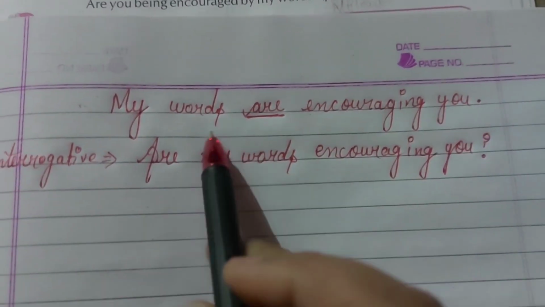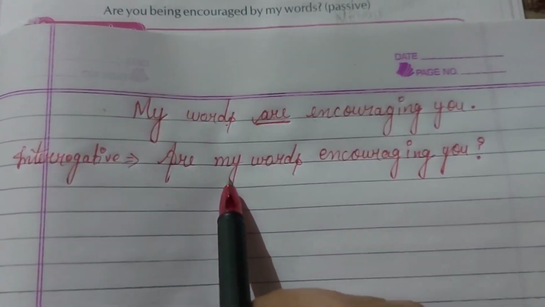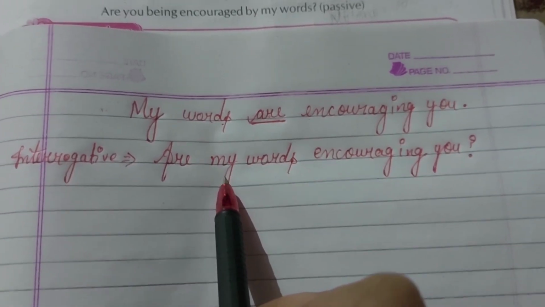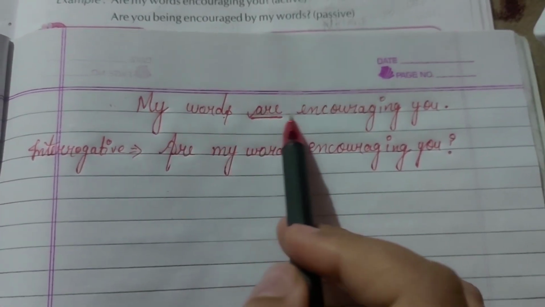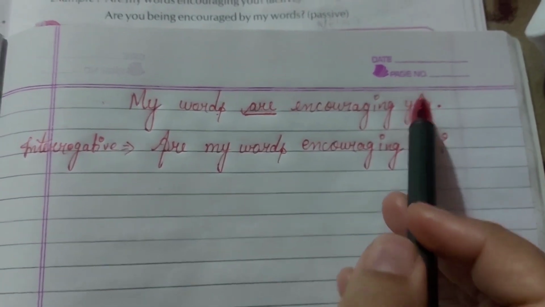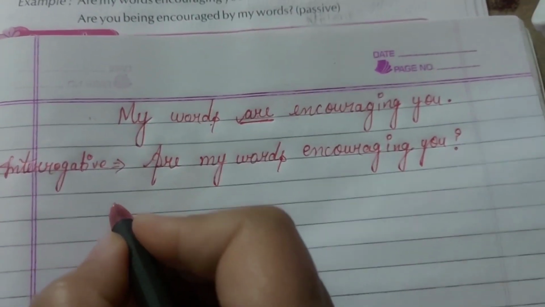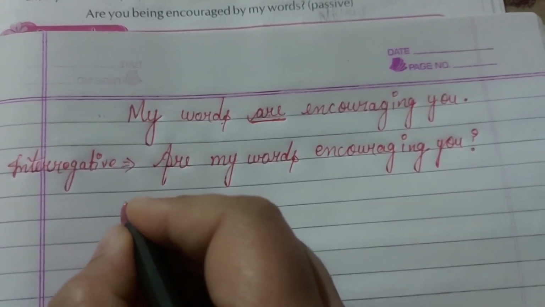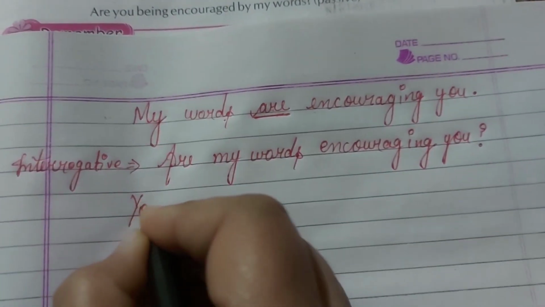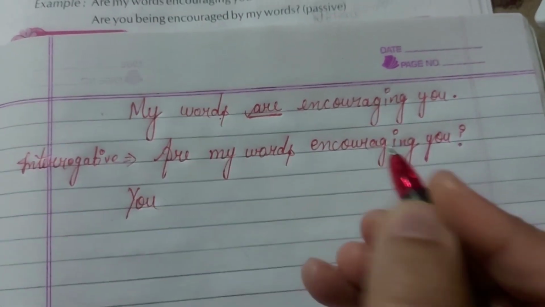So you can see that the simple sentence is this one and interrogative is this. Okay. So if the simple sentence is this and we are going to change it into passive voice, how can we change it? Let's see here. You is replaced here. Okay.